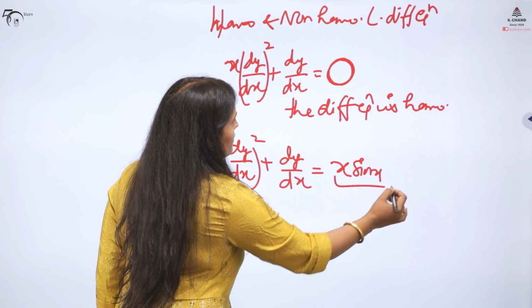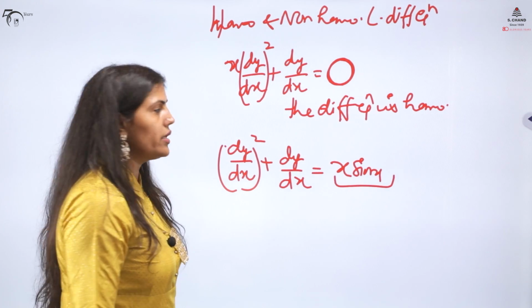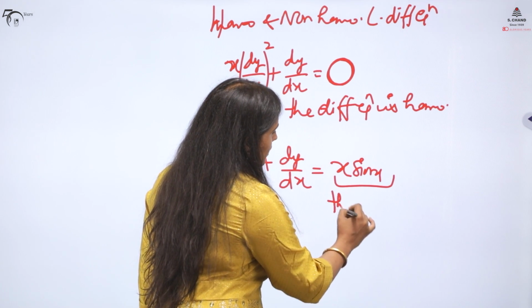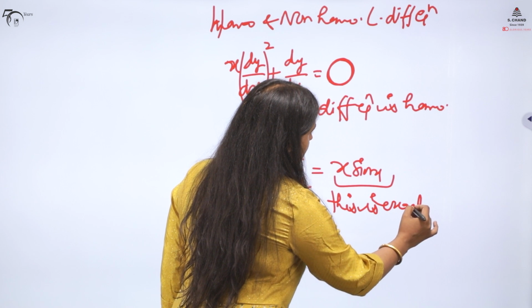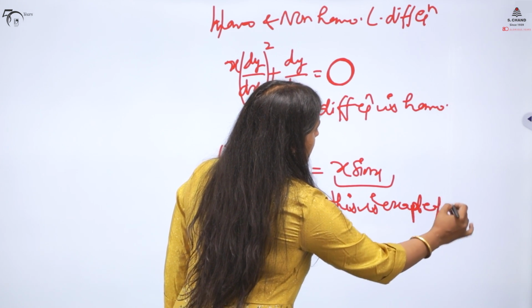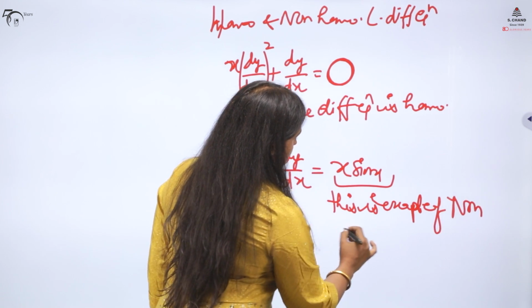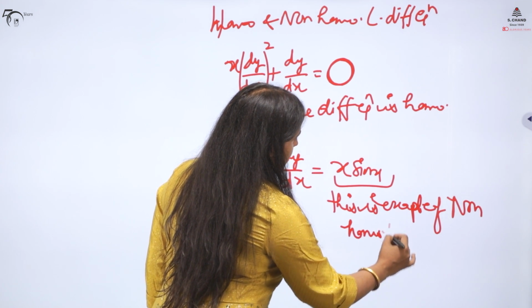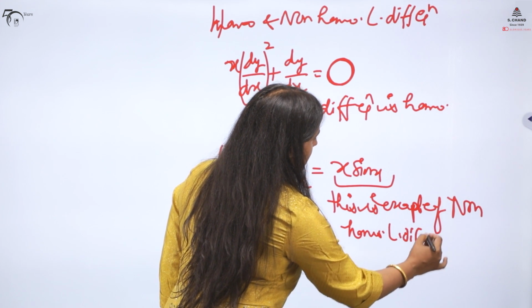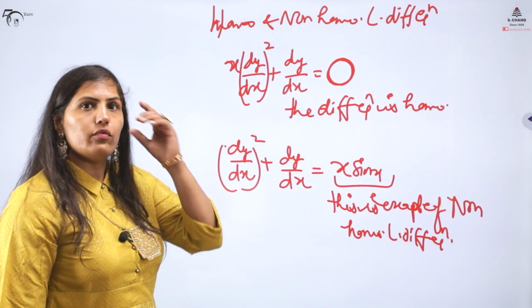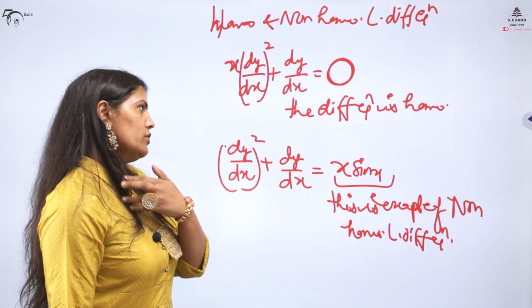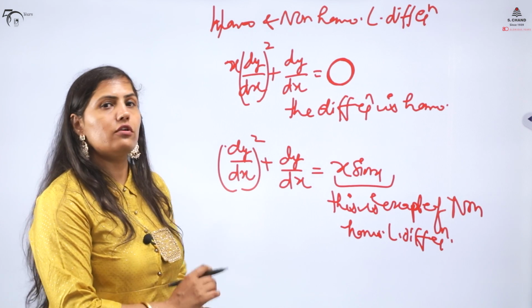It means this time you don't have any 0 on the RHS. This is an example of a non-homogeneous linear differential equation.